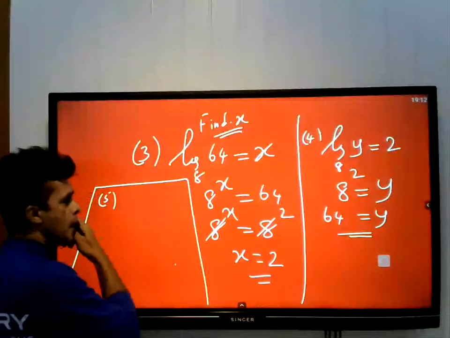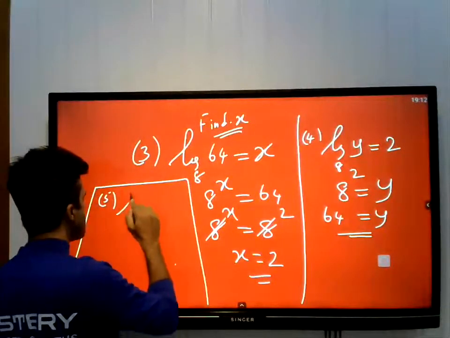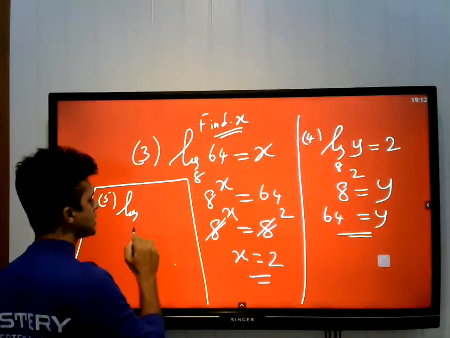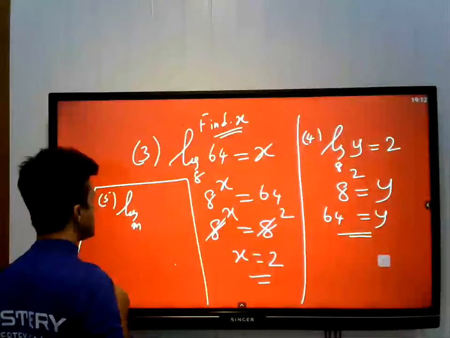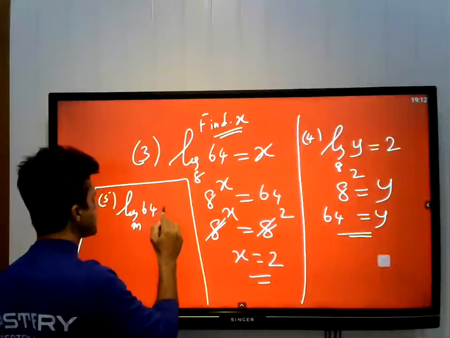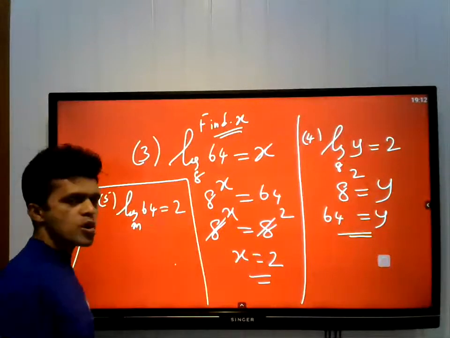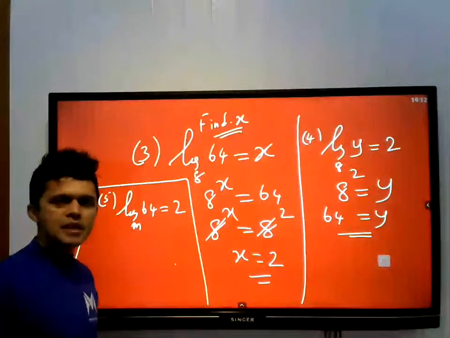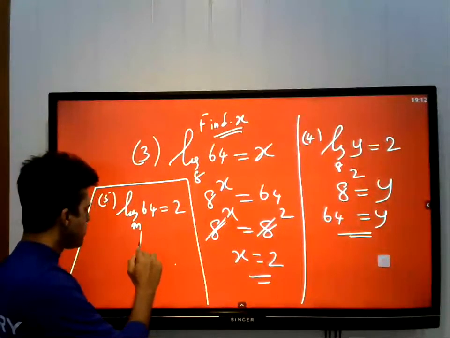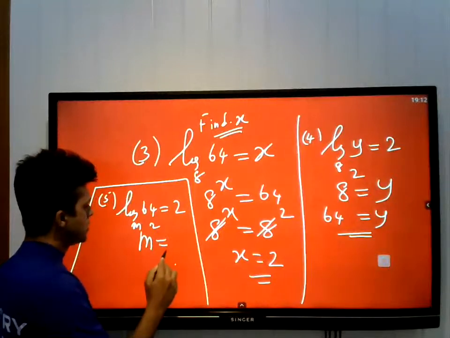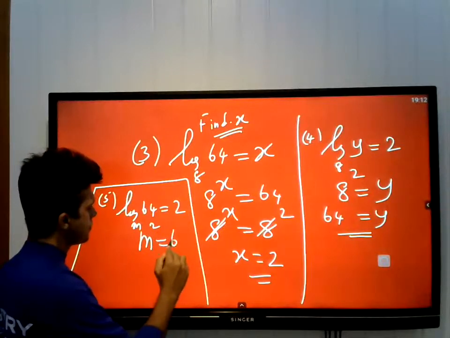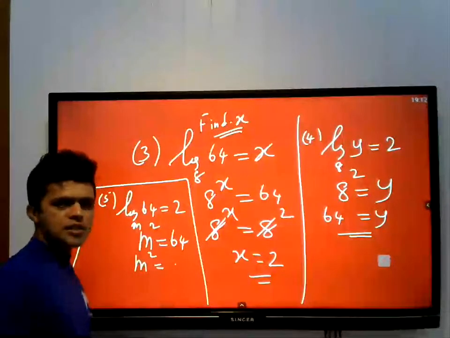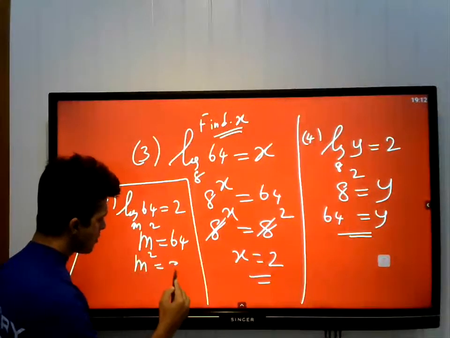Here is the same question again, with m. Log 64 to base m equals 2. In index form first, m to the power 2 equals 64. We can write 64 as 8 to the power 2, so m to the power 2 equals 8 to the power 2.